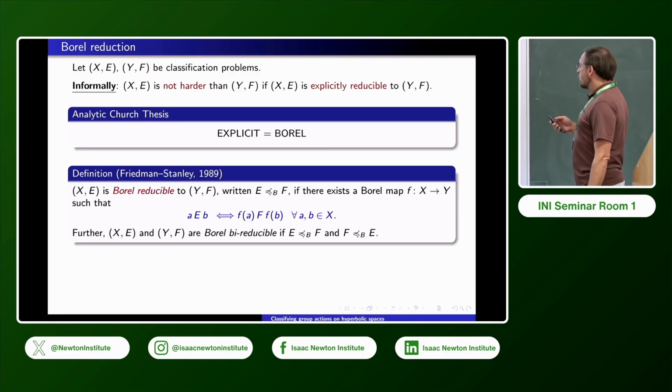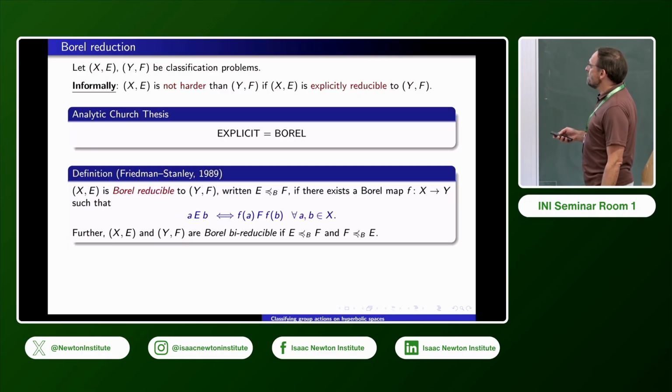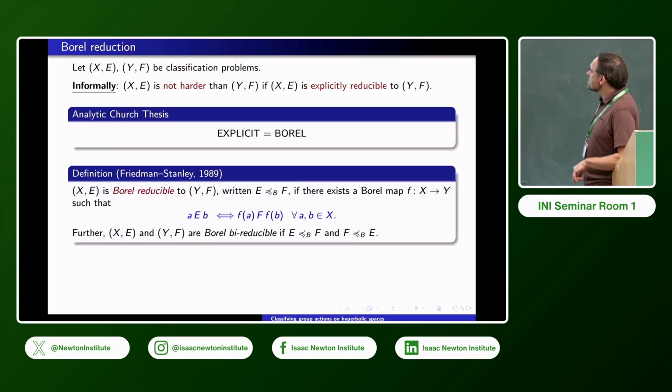We say that the classification problem (X, E) is Borel reducible to the classification problem (Y, F) if the following holds: there exists a Borel map from X to Y such that two elements of X are E-equivalent if and only if their images are F-equivalent.